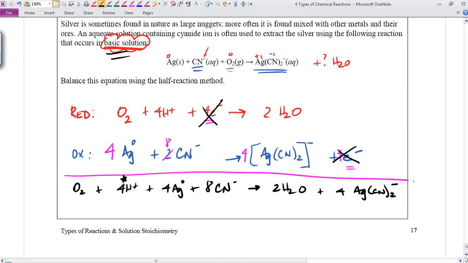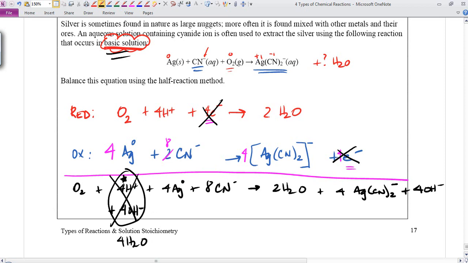So now, this little starred H plus is a lie. We cannot have that present. That's just a lie because it says it's in basic solution. So it's not a problem. We just make them waters by adding 4 OH minuses to both sides. So this is no longer 4H plus and 4 OH minus. It drops out and is replaced with 4 waters.